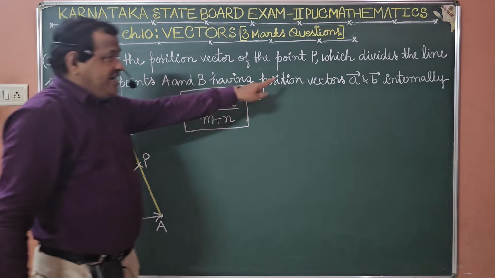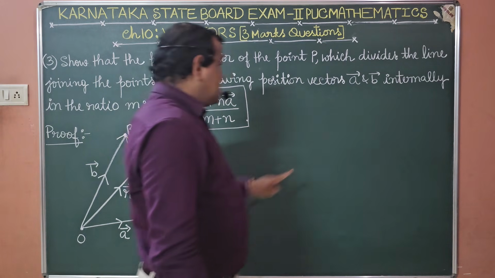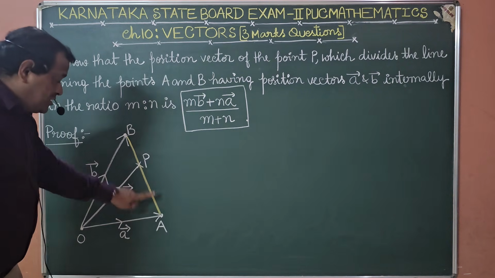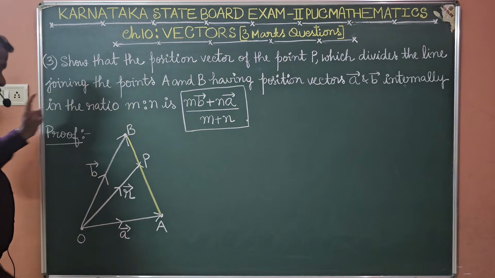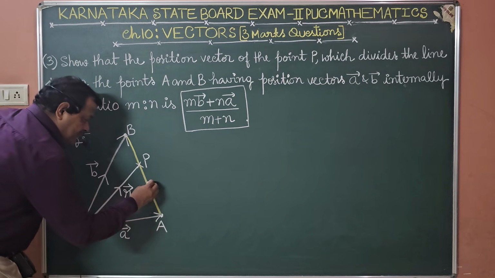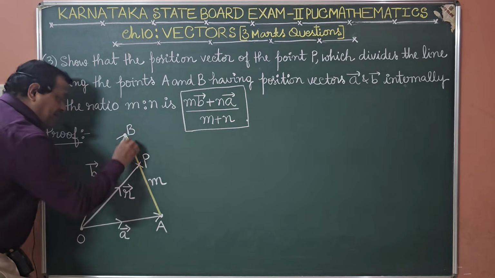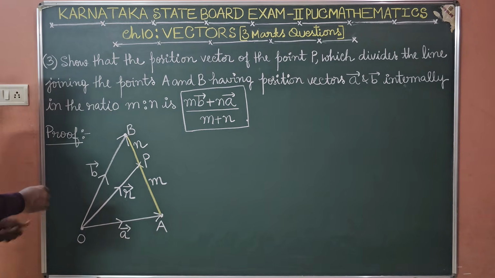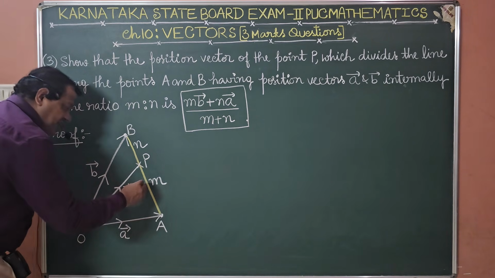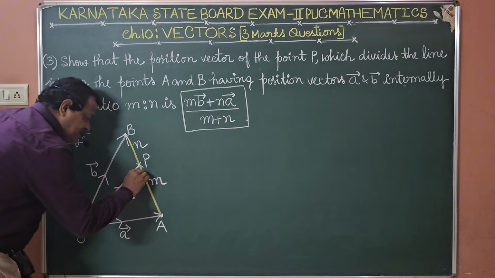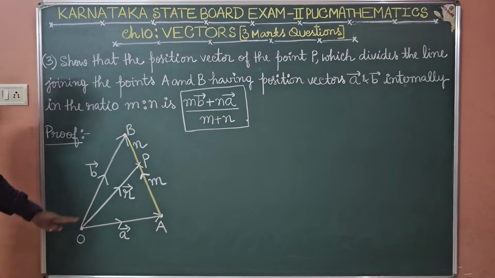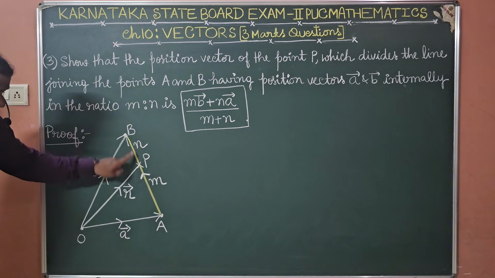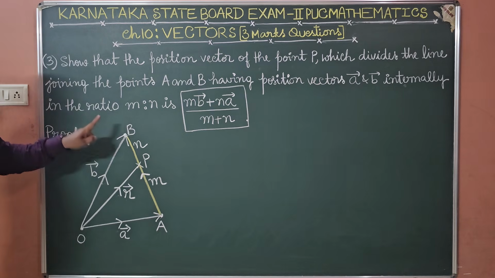Now what does this point P do? P divides the line AB internally, almost in between A and B, in the ratio m is to n. That is, AP scalar is m, PB scalar is n, and I will mark a direction from A to B, somewhere here. Therefore, marking direction, writing these arrows, and this arrow at least once here, is very, very important.